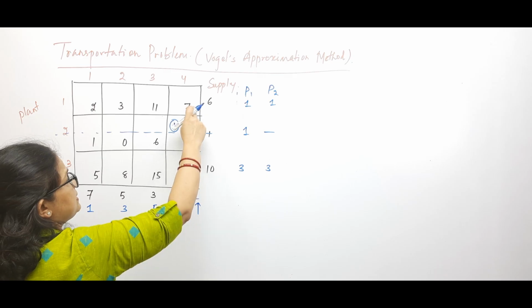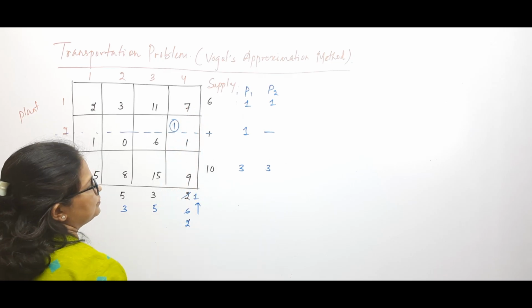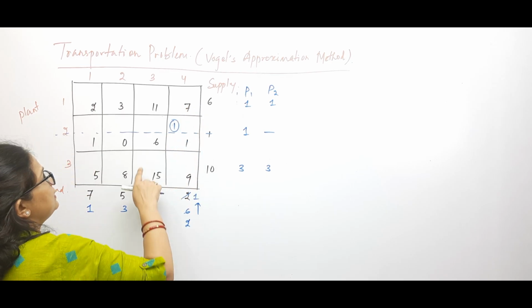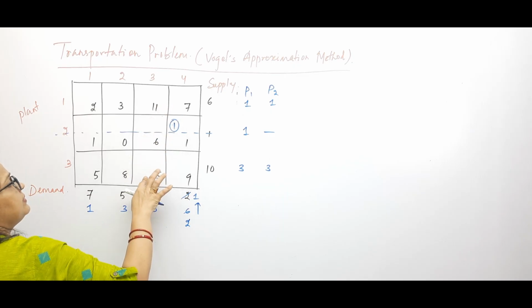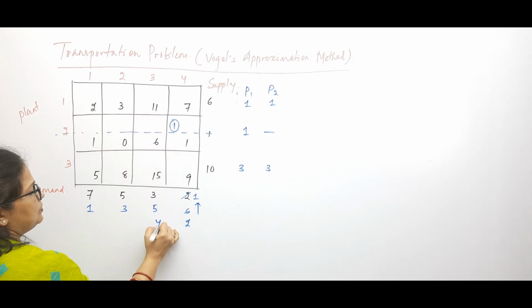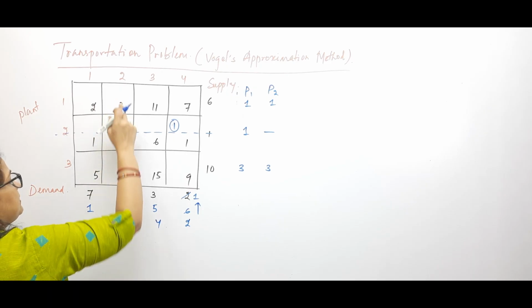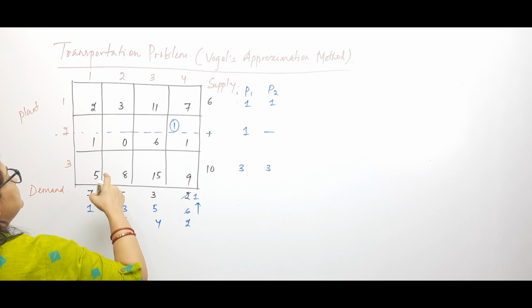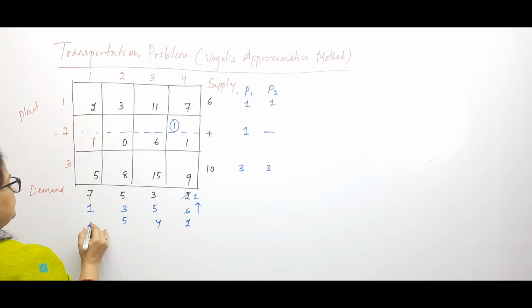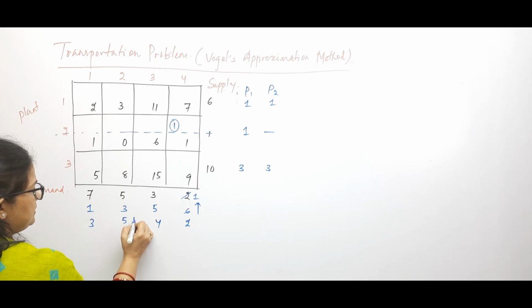So the difference 9 minus 7 is 2. Here 11 and 15, the difference 15 minus 11 is 4. Then 8 and 3, 8 minus 3 is 5. Here 5 and 2, this is 3. So the highest penalty here is 5.